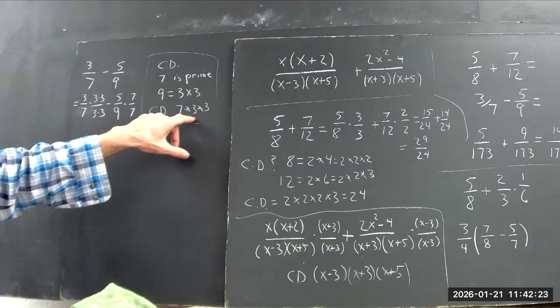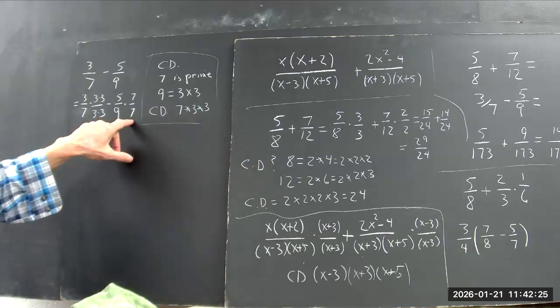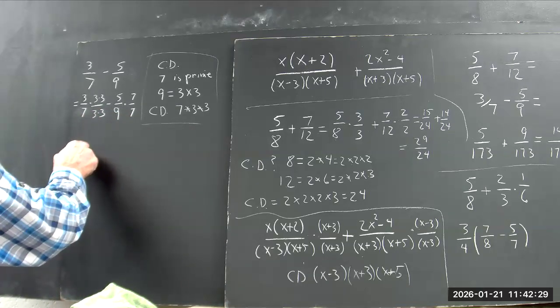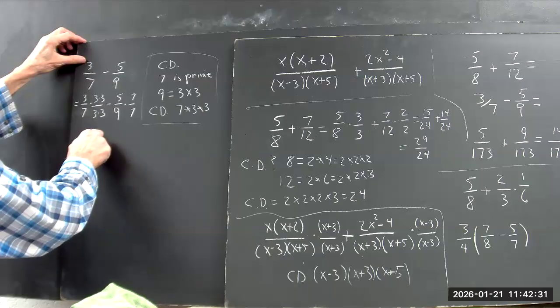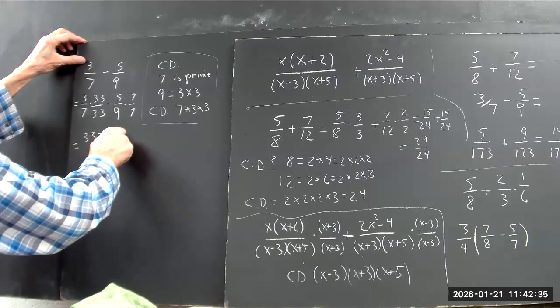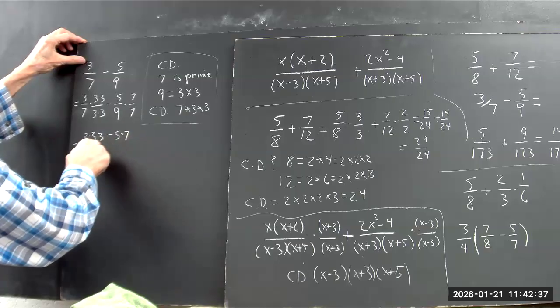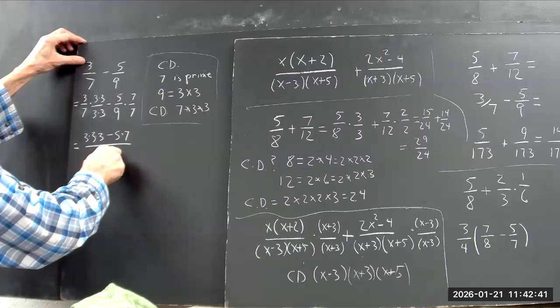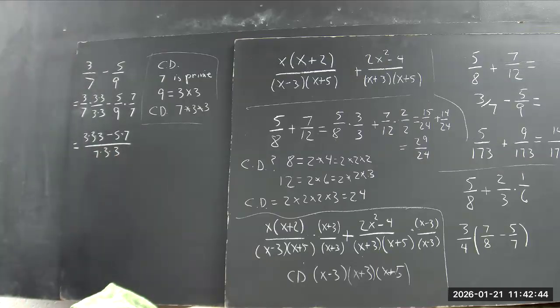The 9 is the 3 times 3, and we multiply by 7 over 7. So this comes out 3 times 3 times 3 minus 5 times 7 over 7 times 3 times 3.